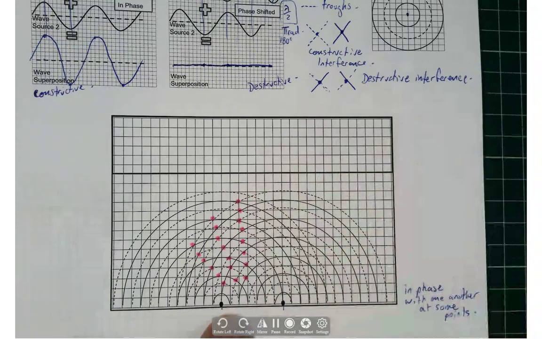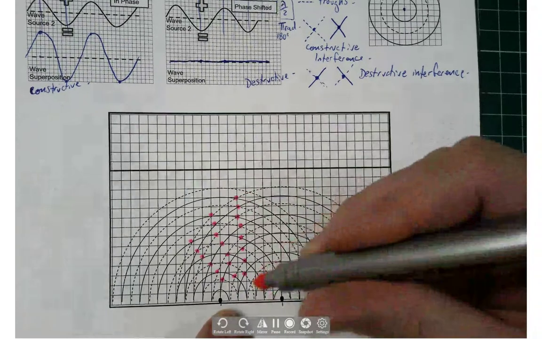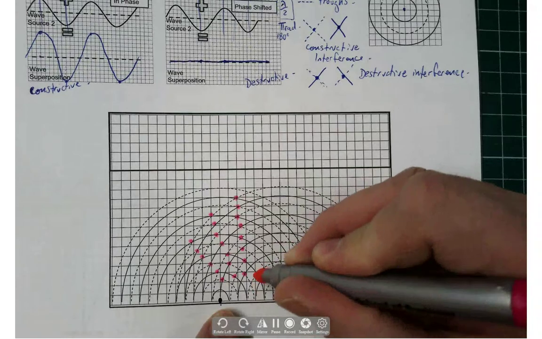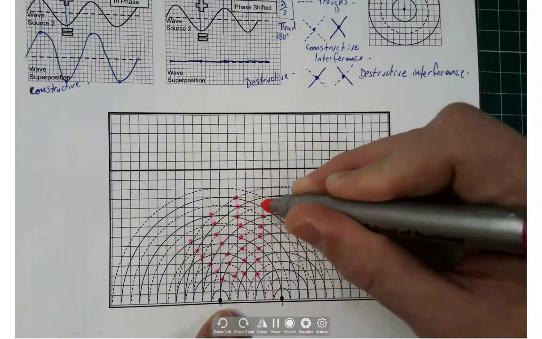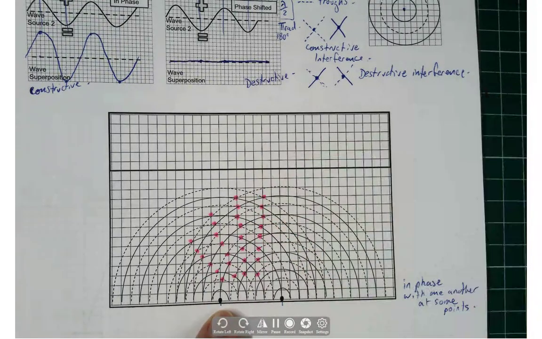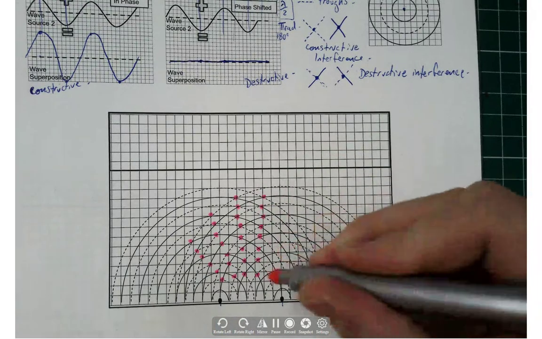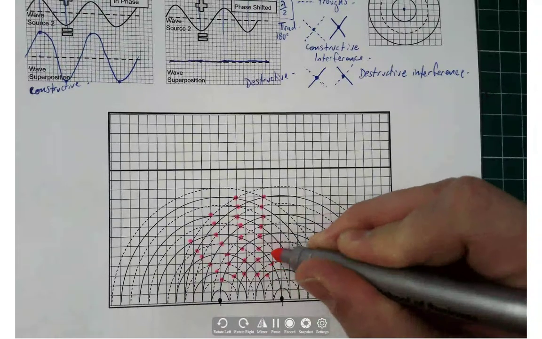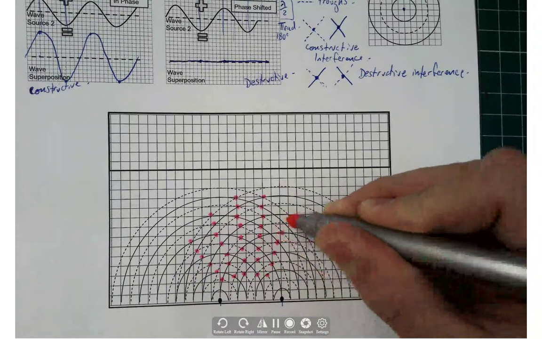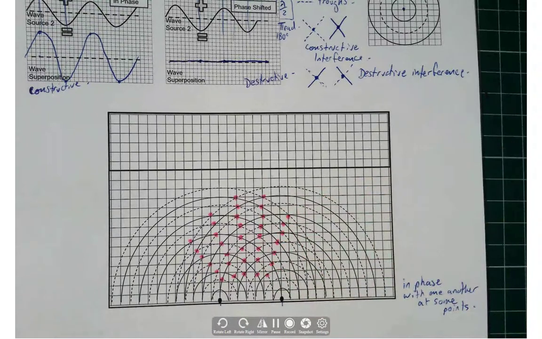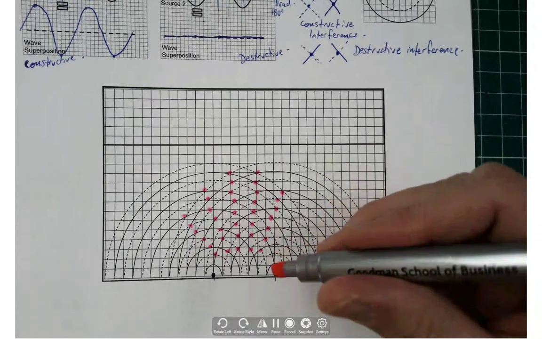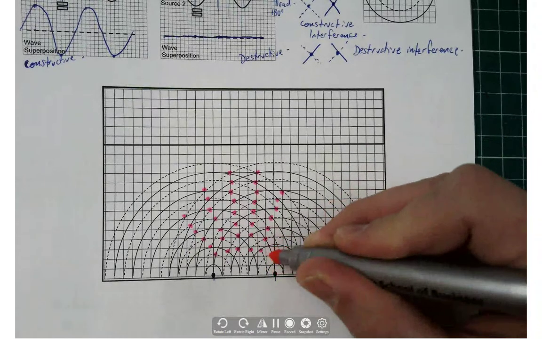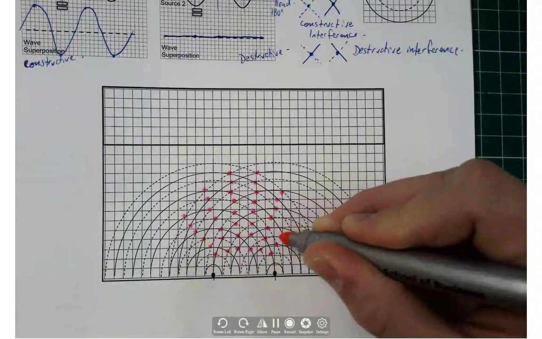And because these are not actual ripples of water, they're just drawings that I did in Google Drawings, things aren't exactly perfect, but they're pretty darn good. Because what I'm starting to see is that these peaks and trough crossings seem to happen in lines. Like I said, I just did this drawing probably a couple months ago, but this is the first time I'm using it with a class, and I'm actually kind of glad that everything's working out.